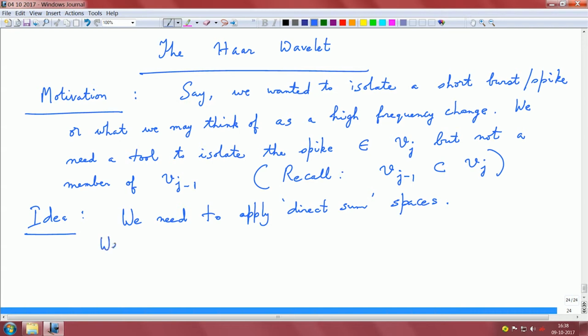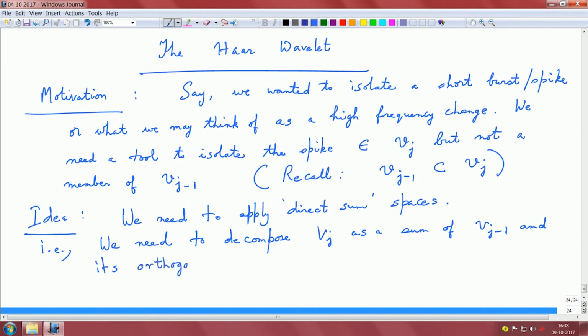That is, we need to decompose Vj as a sum of Vj minus 1 and its orthogonal complement, and we have seen all these ideas in our lectures on signal geometry.